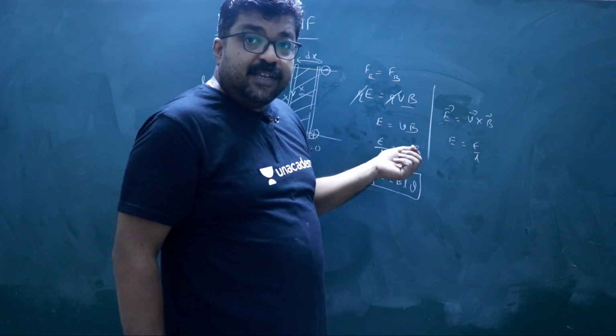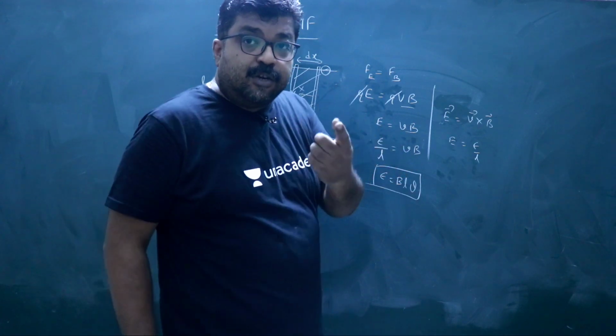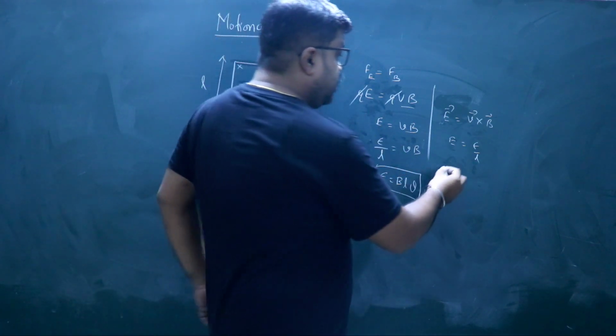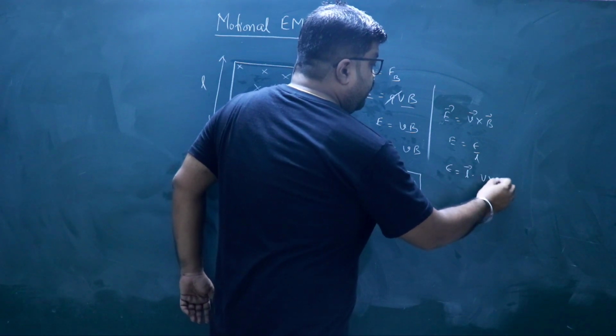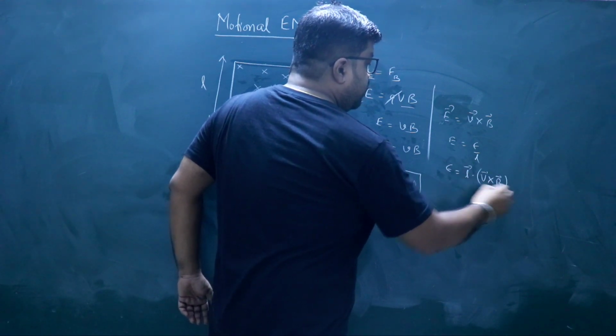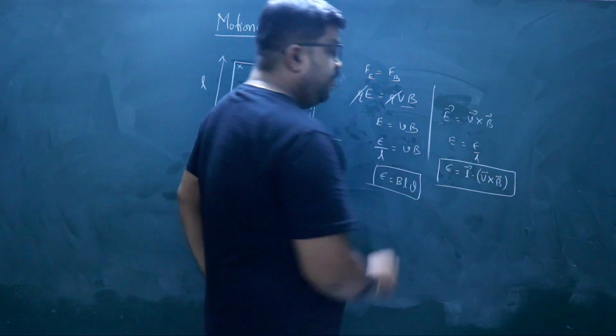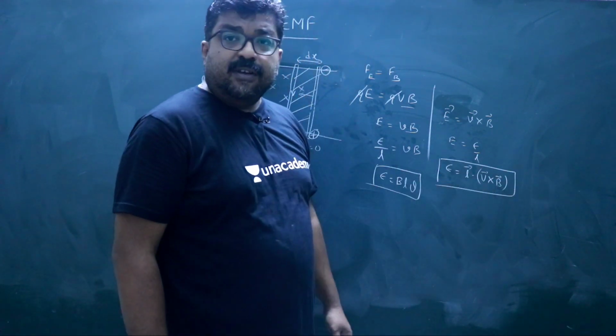So what kind of multiplication will that be, cross product or dot product? Dot product. So EMF is equal to L dot V cross B. This is the expression for EMF when these quantities are in vector form.